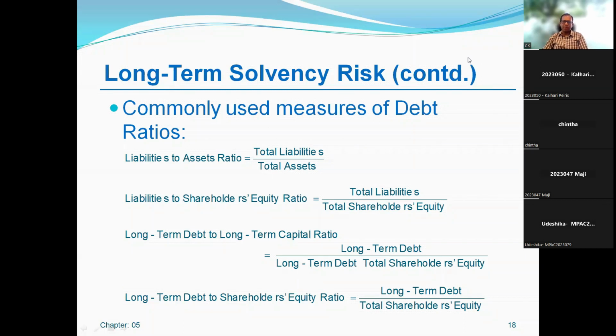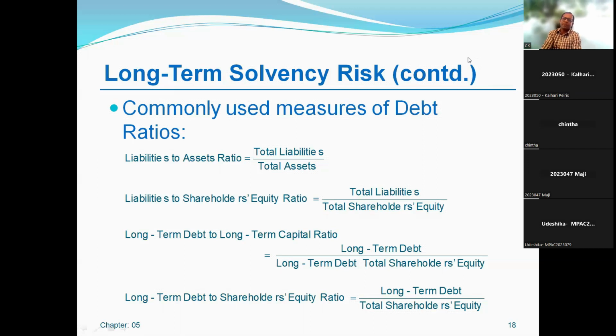One is debt, one is equity. Now in this ratio we are looking at, out of the total asset, what proportion is funded by the liabilities. What portion of your assets is covered by the liabilities? So you can see this entire formula is in the same line, expanding it.